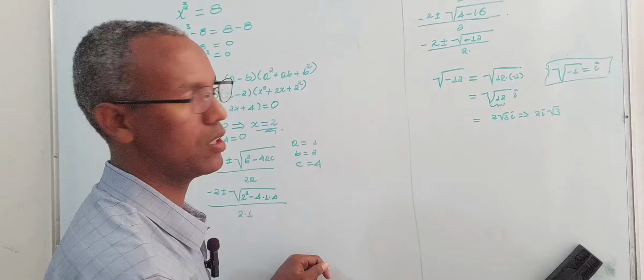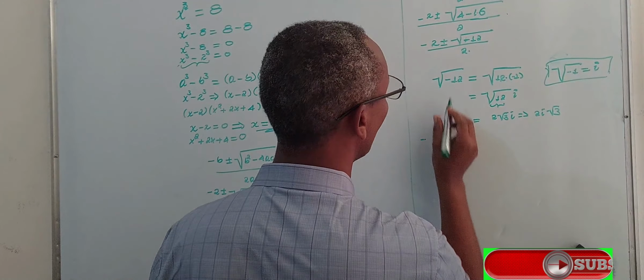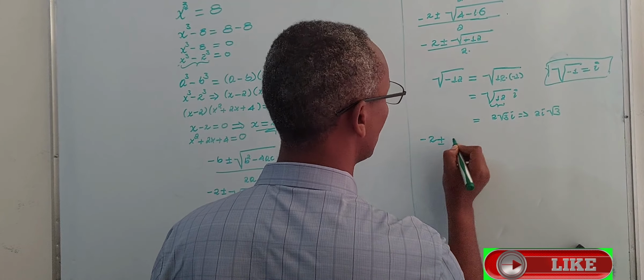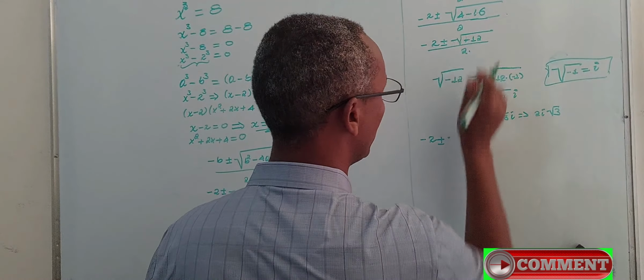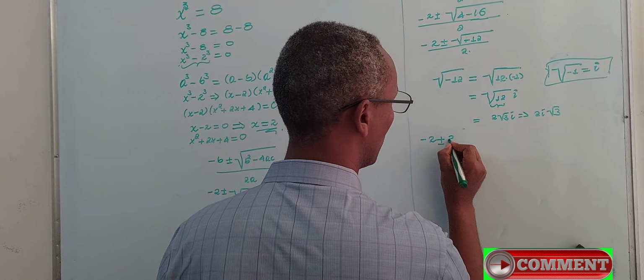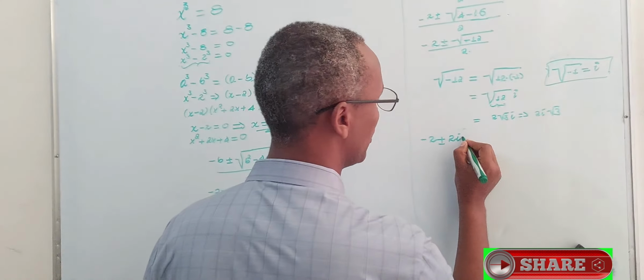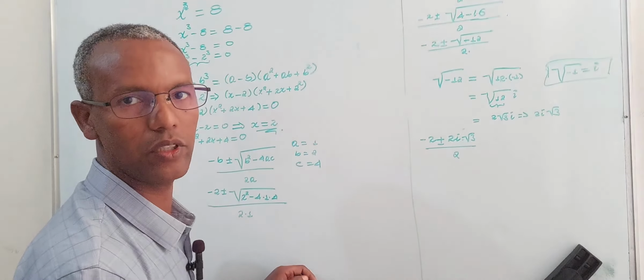Then you plug it over here: minus 2 plus or minus 2i square root of 3, upon 2. That is what you can find.